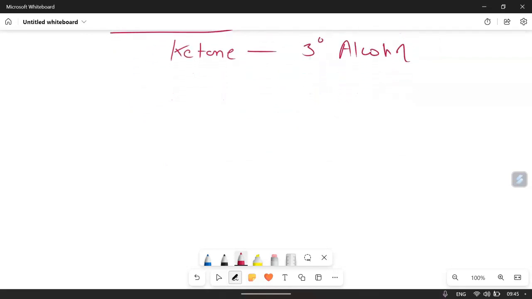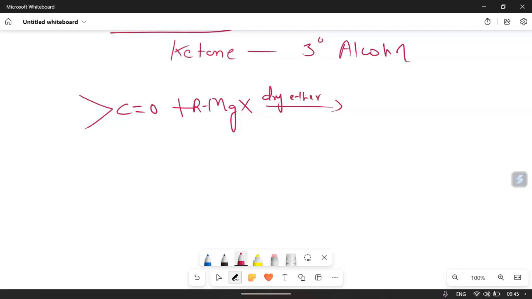Let's discuss how it is done with the intermediate. You can write down with me. This is the general reaction. Your carbonyl group reacts with RMgX, this is Grignard reagent, in the presence of dry ether, always dry ether. It will form an intermediate.